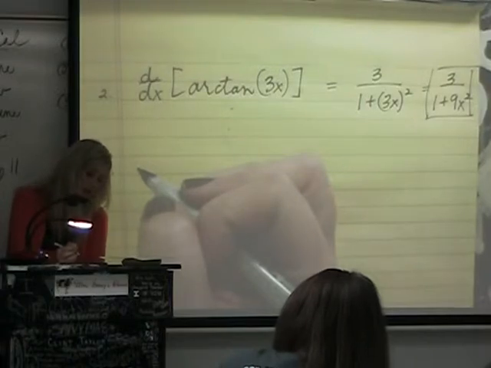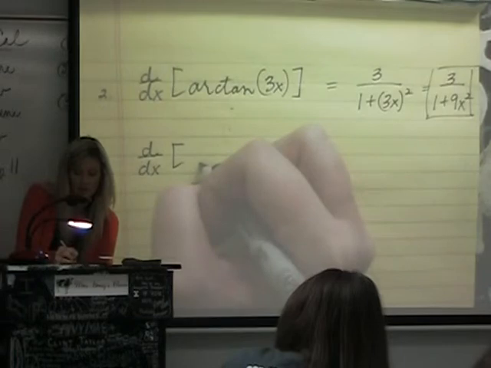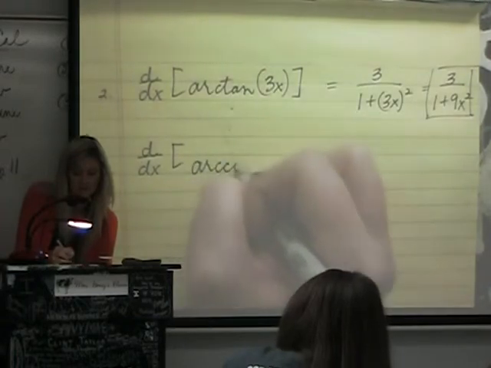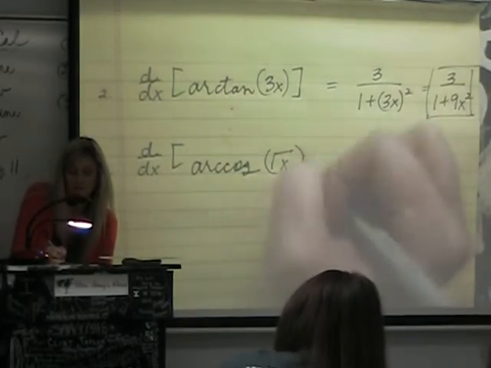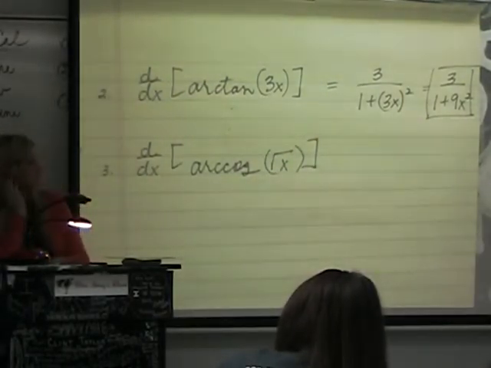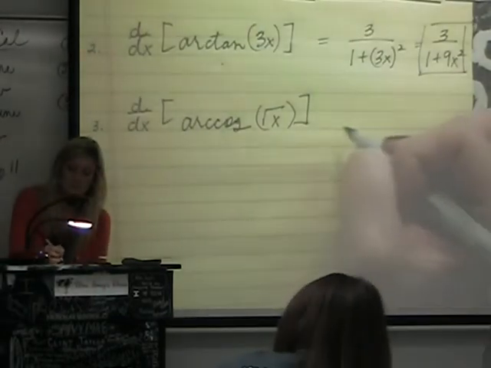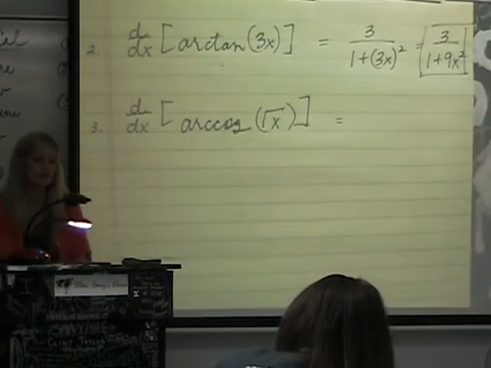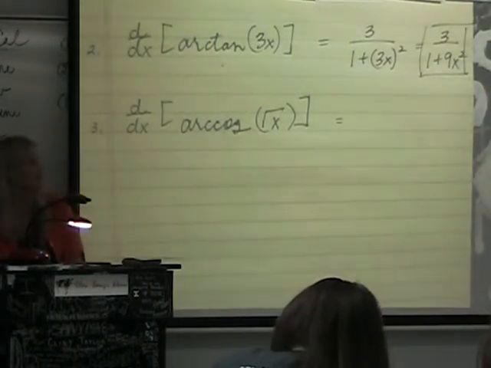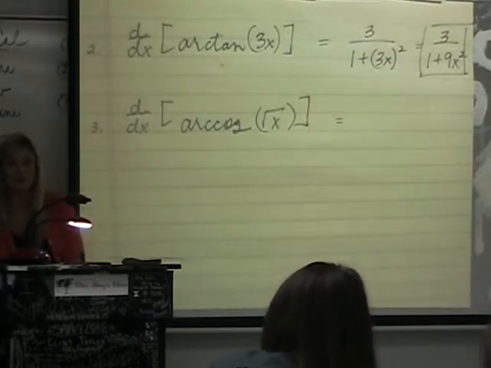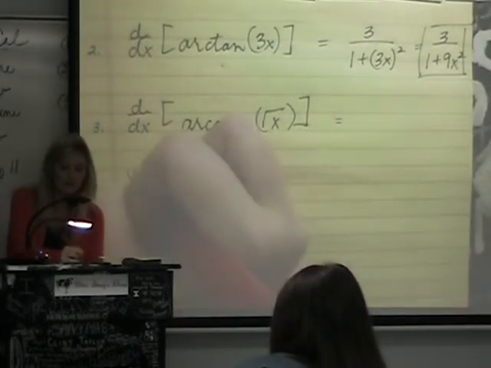The third example is find the derivative of arc cosine of square root of x. So if you look at the formula, arc cosine is negative u prime over the square root of 1 minus u squared. So my u, I'm just going to do a little side work here.